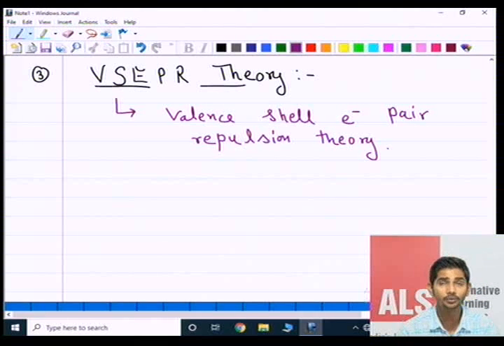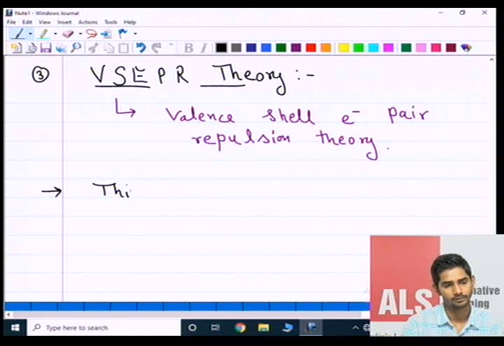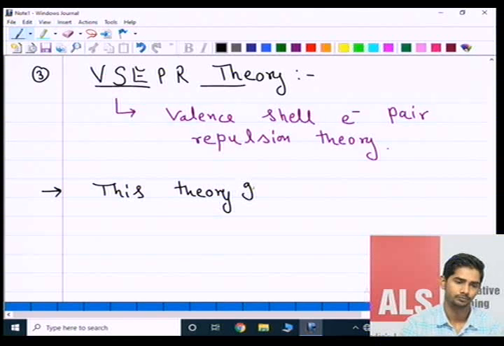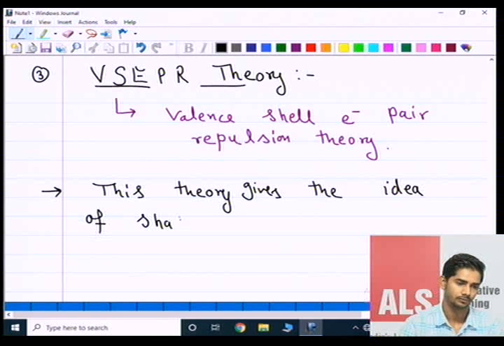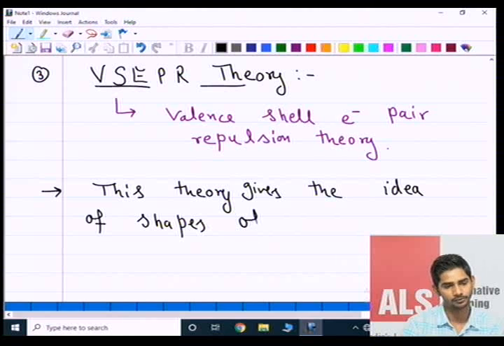Guys, this theory gives the idea regarding the shapes of the covalent molecules. Okay. First of all, the important points. This theory gives the idea of shapes of covalent molecule.